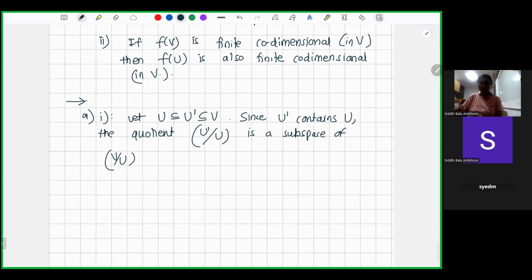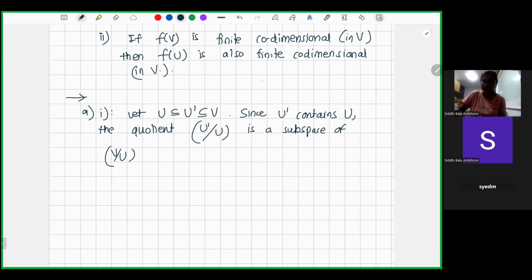Okay, like in the earlier case, when we have this W, U contained in W contained in V, this W quotient U was a subspace of V quotient U, if you remember properly. We wrote that V quotient U was direct sum of W quotient U and U plus W dash quotient U. Okay, so that W quotient U, we can write direct sum only if they are subspaces.